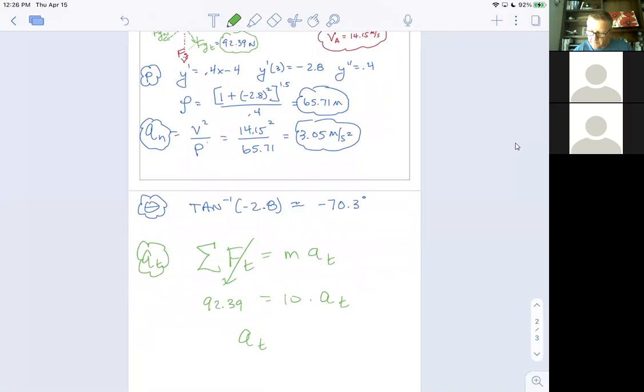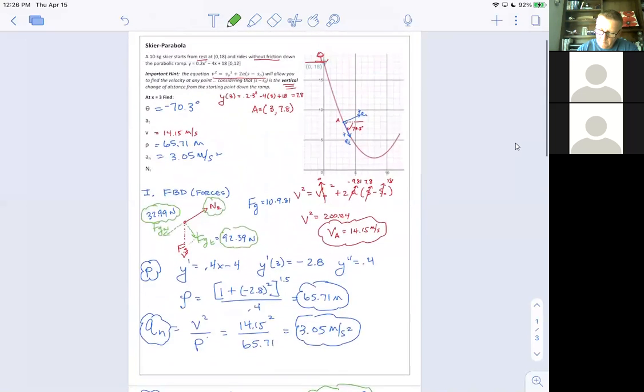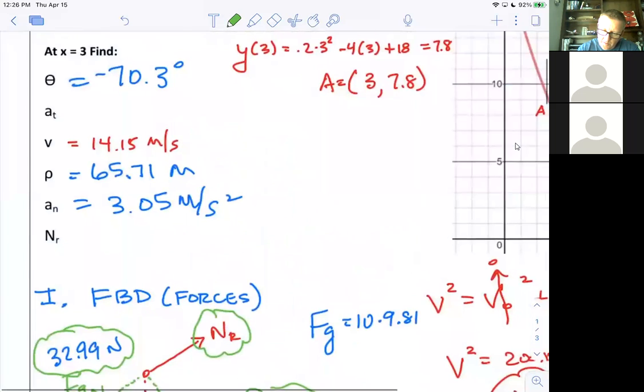And of course, I expect this to be positive: 9.24 meters per second squared. I expect it to be positive because I'm going to be speeding up. Notice how much faster we're speeding up here than we were a minute ago. A minute ago, we had a totally different weight of a skier, but this number is increasing pretty quickly here because we're on a pretty steep chunk of the slope. And so that's kind of cool. So 9.24.